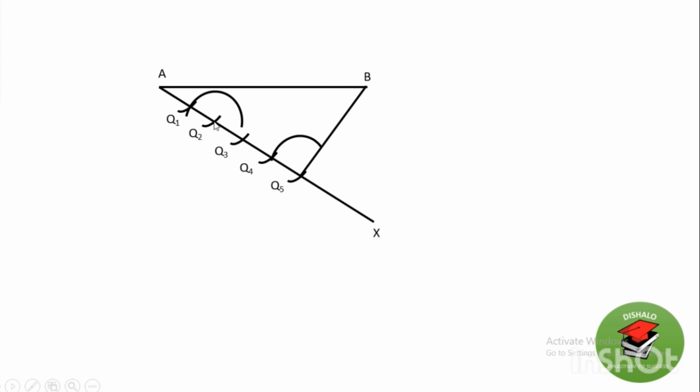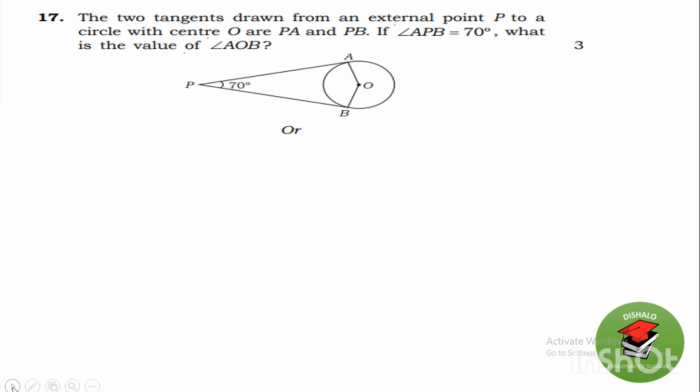Keep the needle of the compass at Q2 with the same measurement. Draw an arc here. Then join Q2, this point, to the line AB and mark it as A1. So this is the required line segment. Okay, very easy. Next question.